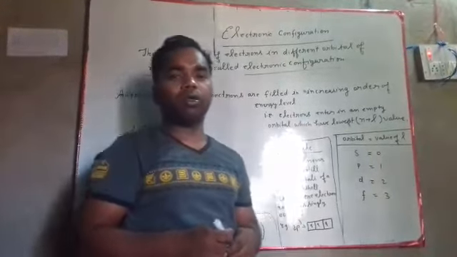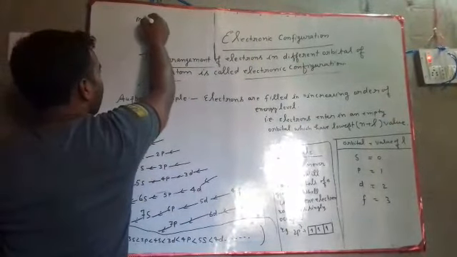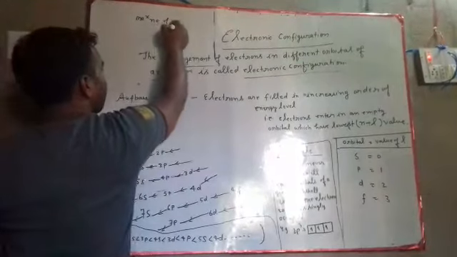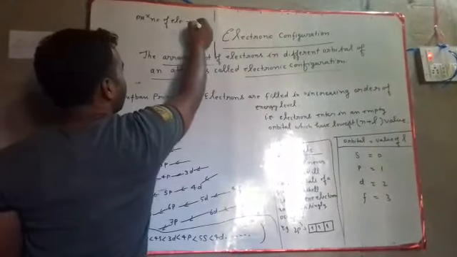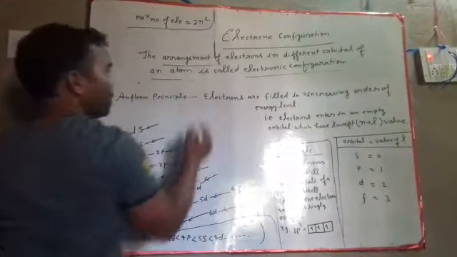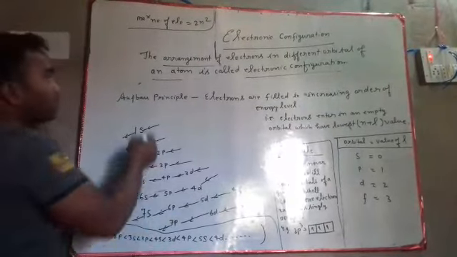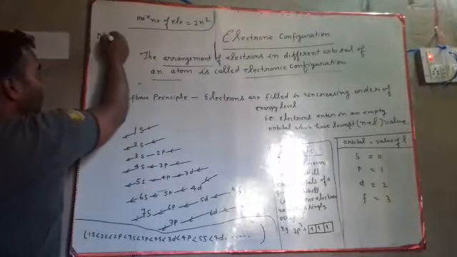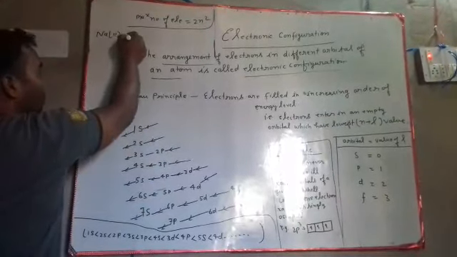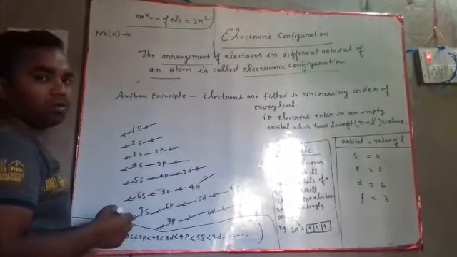According to the Niels Bohr model, we have the formula that the maximum number of electrons in an orbit is 2n square. So how can we write the electronic configuration according to the Niels Bohr model? Just take the example of sodium. The atomic number of sodium is 11. So how can we write the electronic configuration of sodium?